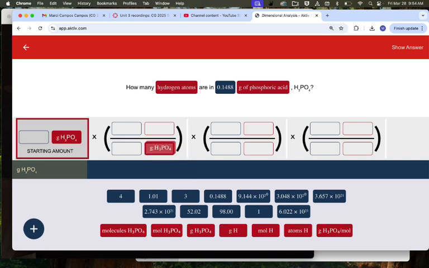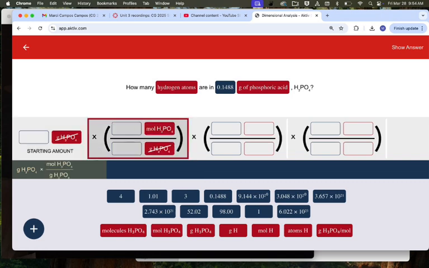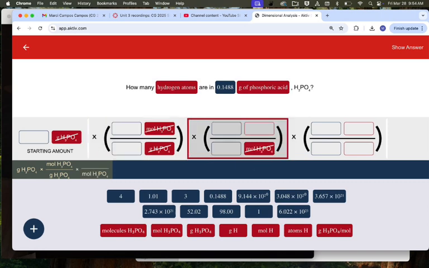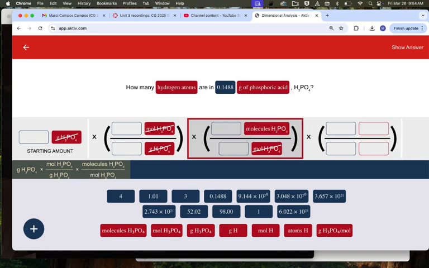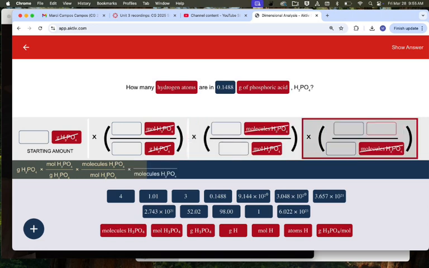Okay, we could say we need to get rid of grams, moles, that was our molar mass. I need to get rid of the moles of phosphoric acid. What do I want to convert the moles of phosphoric acid to? I want to convert them to molecules of phosphoric acid. Okay, the molecules of phosphoric acid I need to cancel, and I want to bring in, where did it go? The atoms of hydrogen. What happens is I would solve for the atoms of hydrogen.